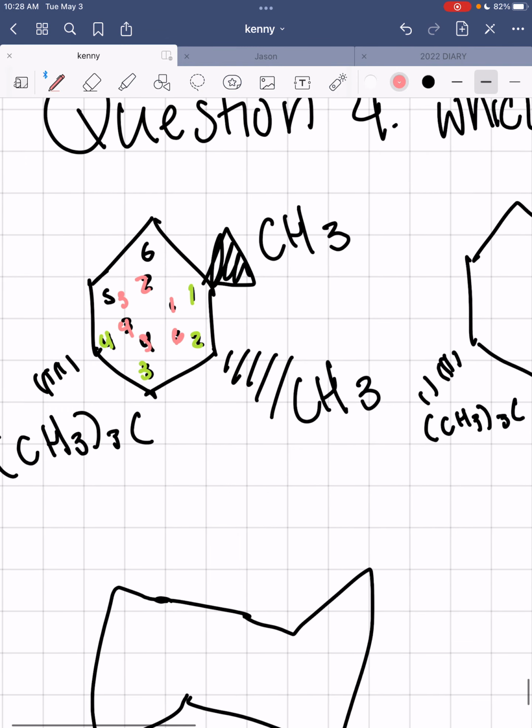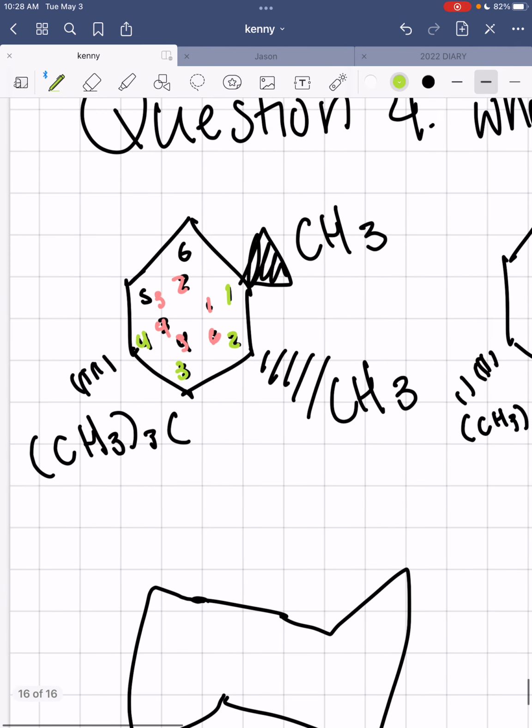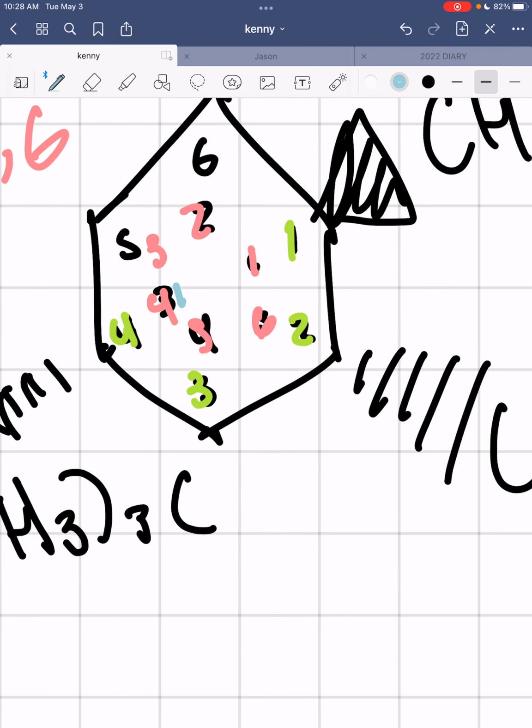So what you first need to do is find the first point of difference, and write out where the substituents are: 1, 2, 4, and then this one would be 1, 4, 6, and there's a bunch of different ones. I'll do one example, but for these it's pretty obvious they're not going to be it.